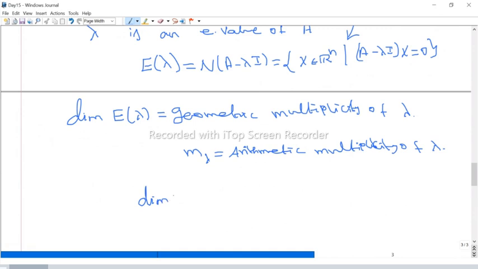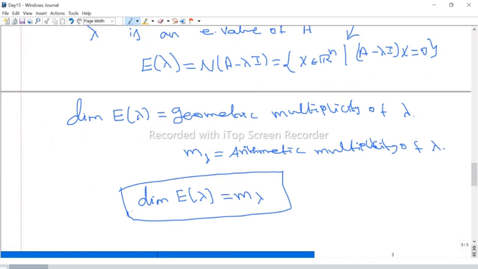That is, the dimension of E of lambda, the geometric multiplicity, is equal to the algebraic multiplicity for a symmetric matrix, because a symmetric matrix is diagonalizable. For the diagonalizable case, the algebraic multiplicity is always equal to the geometric multiplicity. This holds for a symmetric matrix, a unitary matrix, and an orthogonal matrix as well, since they are diagonalizable. So that is very important.